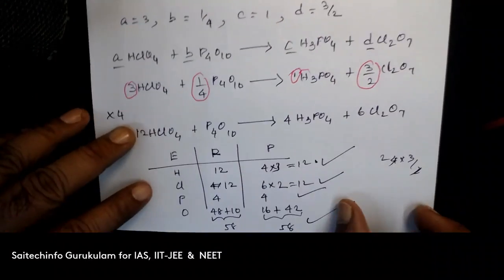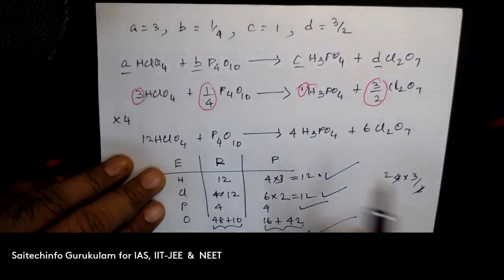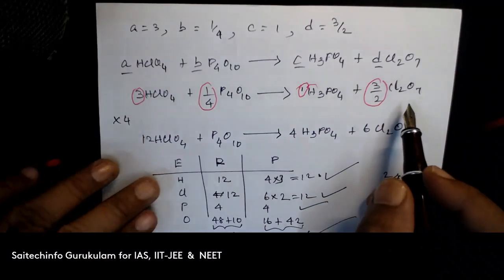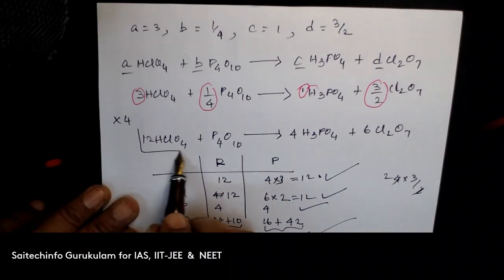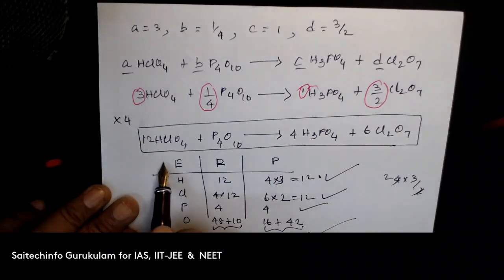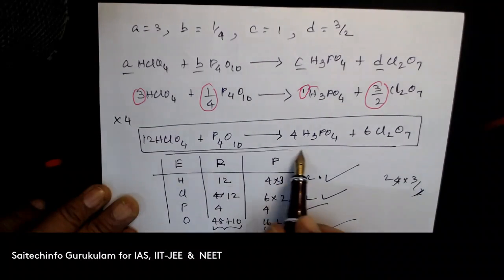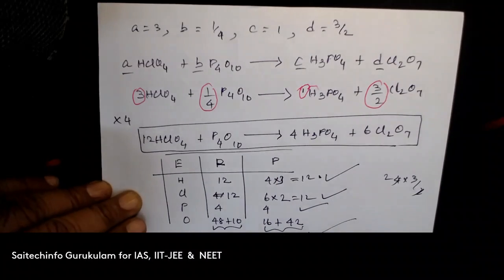Then make it a stoichiometric equation by taking the LCM. That's it. So this is the balanced chemical equation, and you can check this by the E, R, P method, that is element, reactant, product individually.